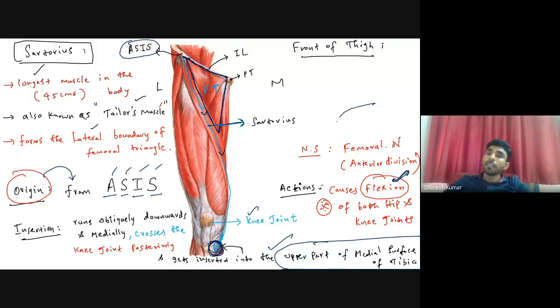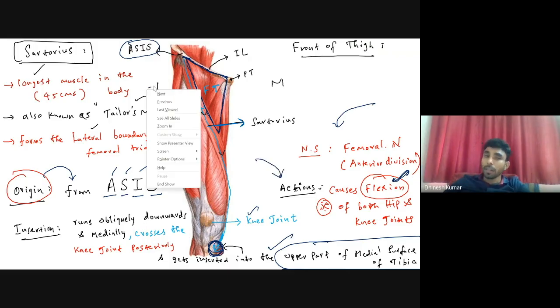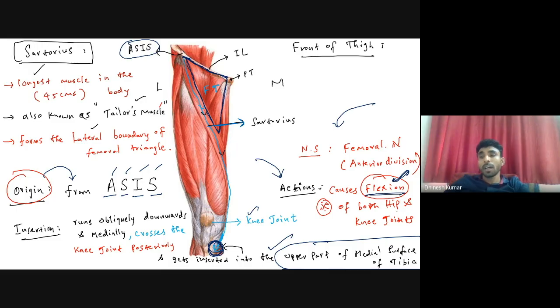What about the nerve supply? Yes, it is supplied by the femoral nerve, specifically the anterior division of the femoral nerve. And what are the actions of sartorius muscle? Yes, sartorius muscle causes flexion of both the hip joint as well as the knee joint. And for MCQ purpose, remember, it is the longest muscle in our body, approximately 45 centimeter length. It is also called Tailor's muscle.